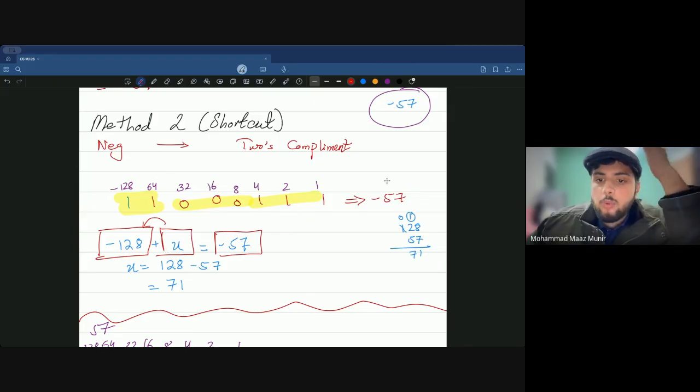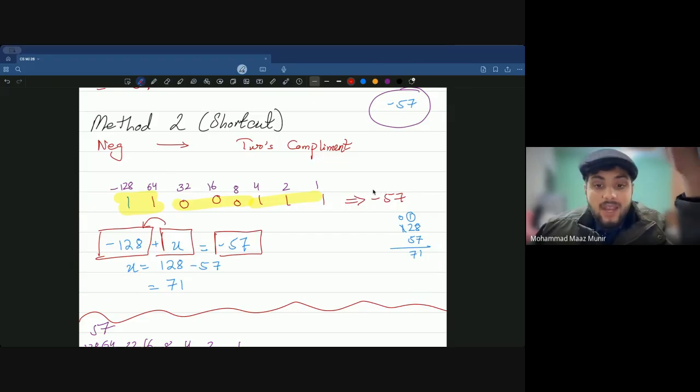Now if I say to you, bro, you need to represent minus 57, you would think, okay, minus 128 is done, what other one should I be putting up here so that I get the final answer as minus 57? If it was positive 57, it was pretty straightforward. You add ones there, and when you add them you get 57. But now because we are dealing with a negative integer, it's a bit different. So for that, a shortcut which I came up with is that you basically create this small mathematical equation.